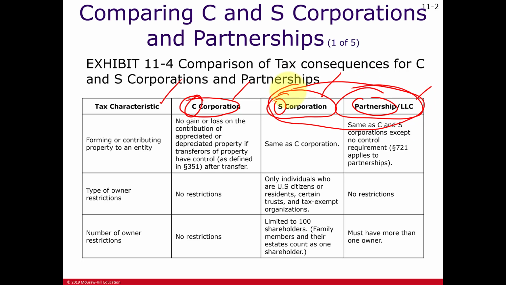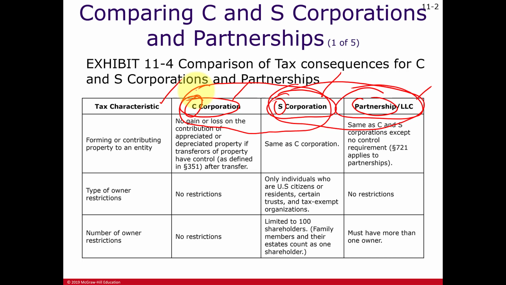Now, maybe another thing that we want to do is avoid paying taxes upon the liquidation of a business. We saw back in the corporate chapter and also now in the S corporation chapter, if you liquidate a corporation, you may need to report gains and losses on the assets being distributed to the shareholders.